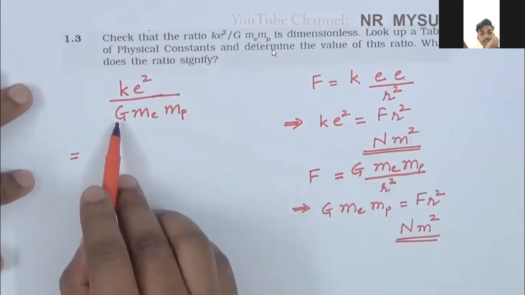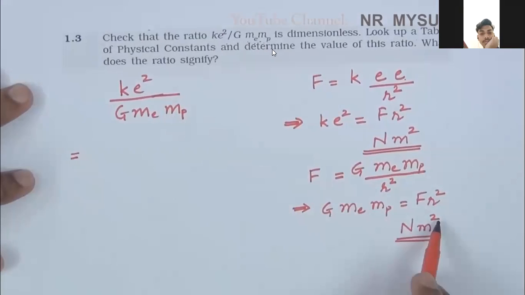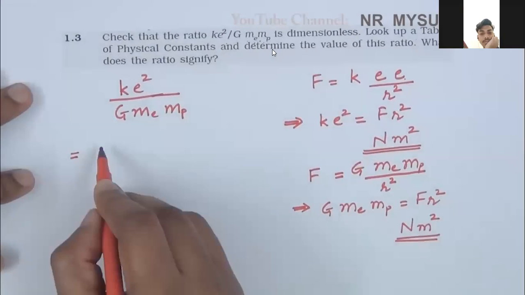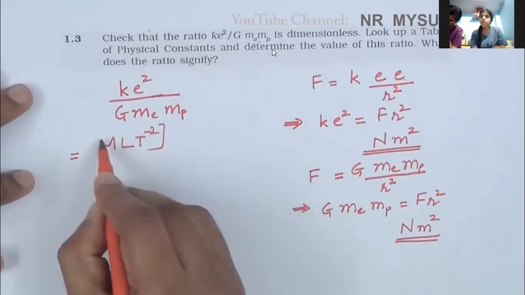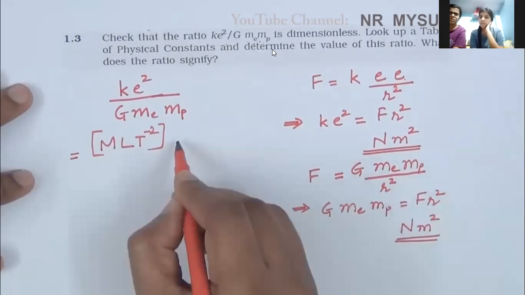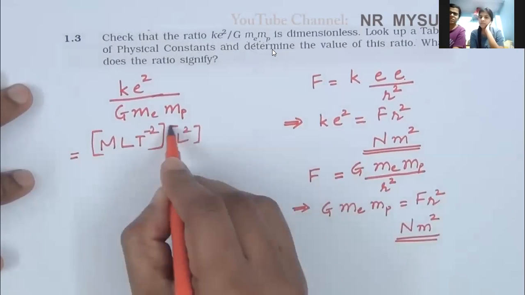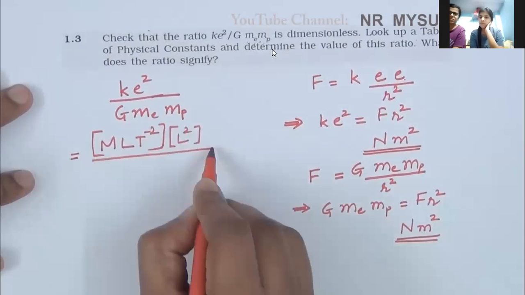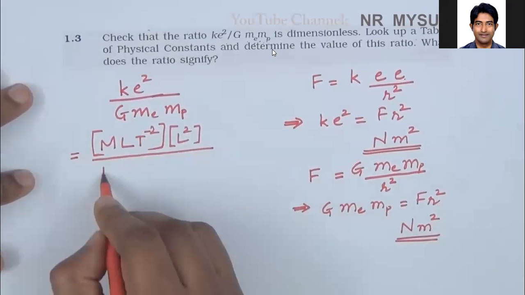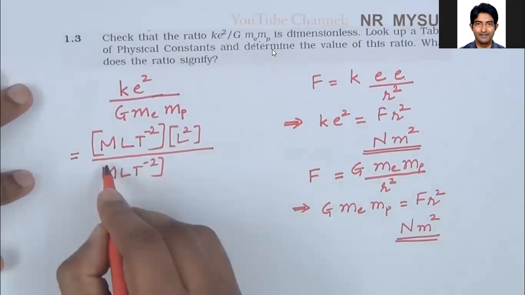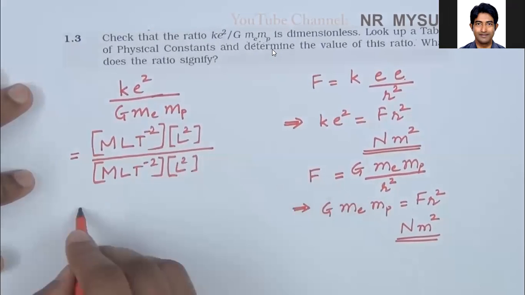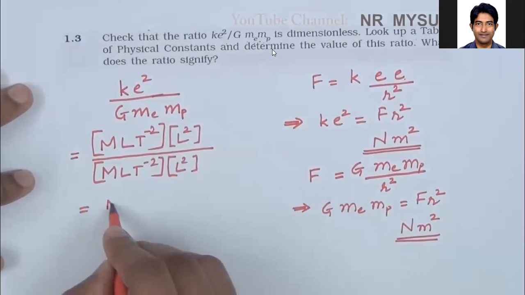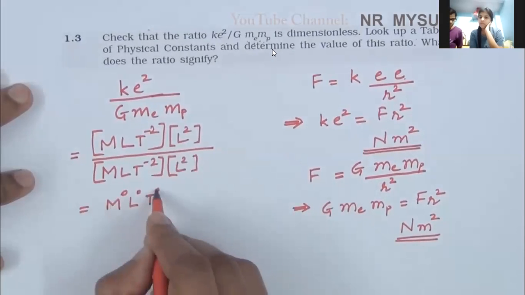Unit of G m_e m_p is also Newton meter squared. Newton is M L T^-2, meter squared is L^2. This is the dimensional formula. Dividing, we get M^0 L^0 T^0.